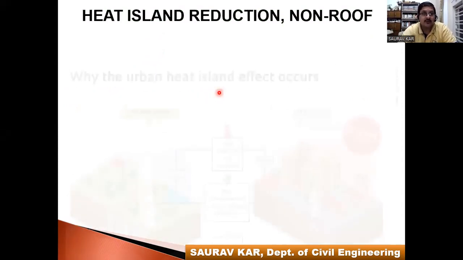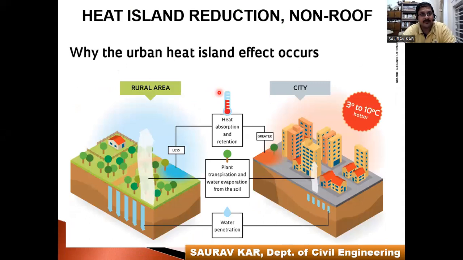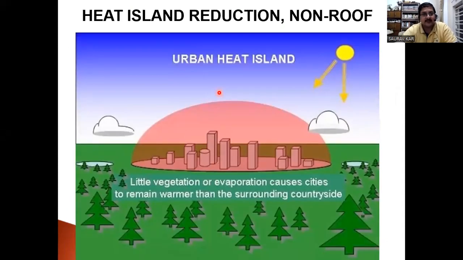So how does the heat island look? Very interesting. It looks like this. Just consider you have a small city, a large urban area, and surrounding the urban area there is large vegetation, natural forestry, natural greenery. In this area, which is a forest of concrete, little vegetation or evaporation causes cities to remain warmer than the surrounding countryside.